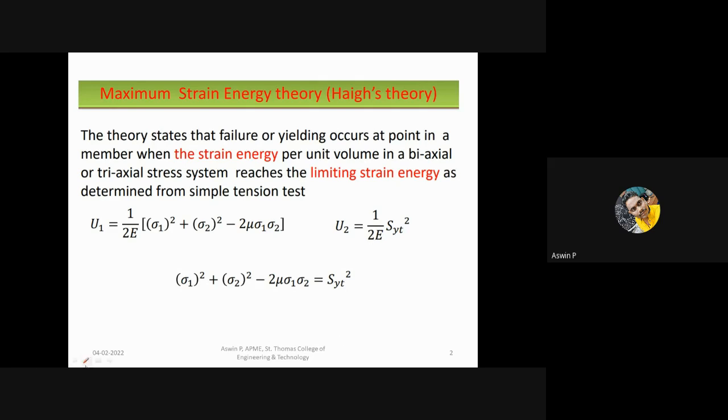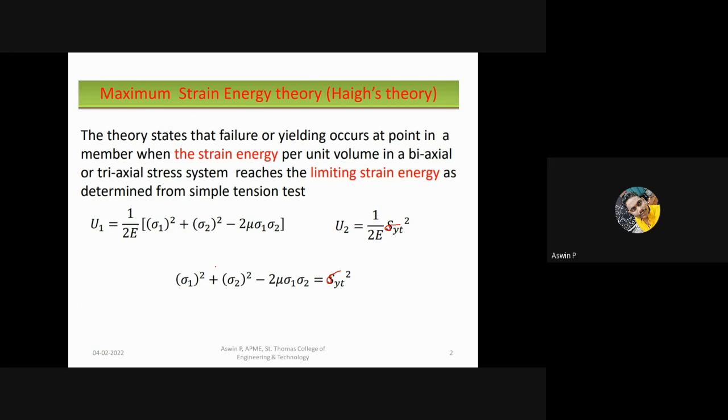Better you write sigma YT; I will change that thing. SYT should be written as sigma YT. That will be better. When 1 by 2E cancels on both sides, this will be the final relation of maximum strain energy theory. And you have to know the proof, how this theory is coming. For that, we need to study the proof.